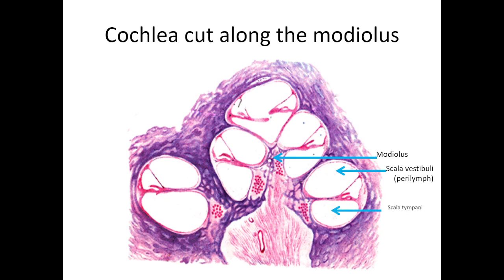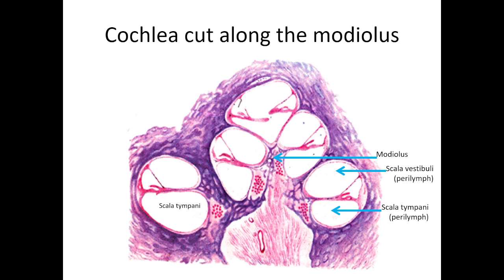Scala tympani, and inside of scala tympani, again, the perilymph. We understand that perilymph moves through scala vestibuli in one turn, in the second turn, and in the third turn. And then through the helicotrema here, it moves in the opposite direction, from top to down, and it is the same fluid, perilymph.